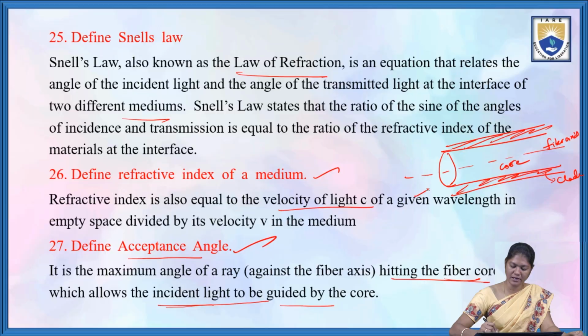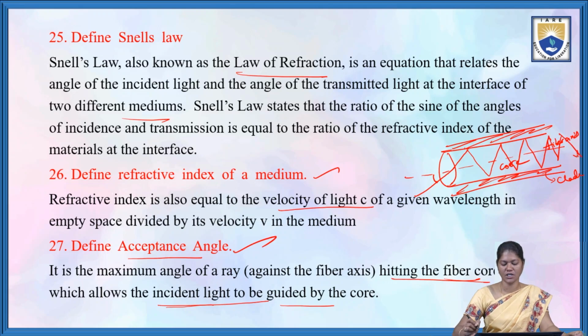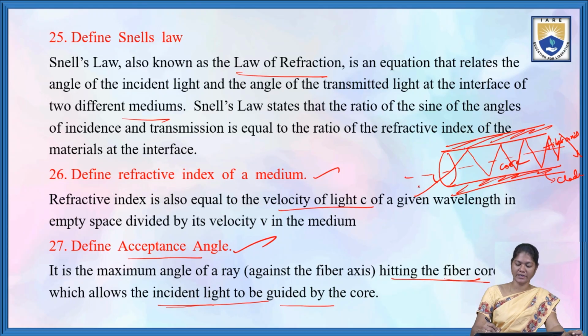So it is the maximum angle made with the fiber axis to enter into the core and be guided by the material. So the acceptance angle is the maximum angle that light makes with the fiber axis to enter into the core and be guided by the core.